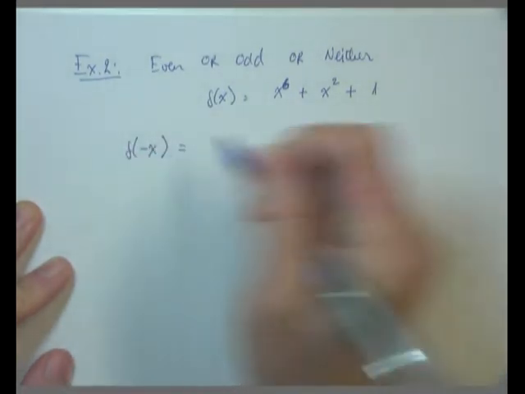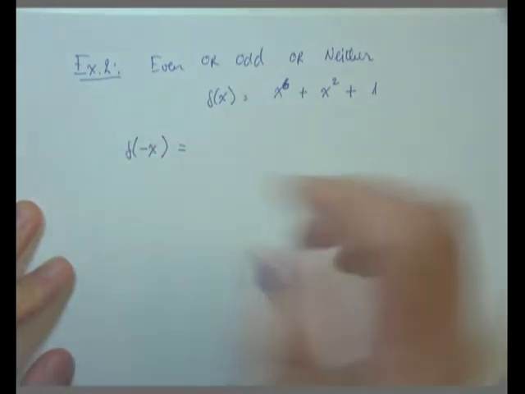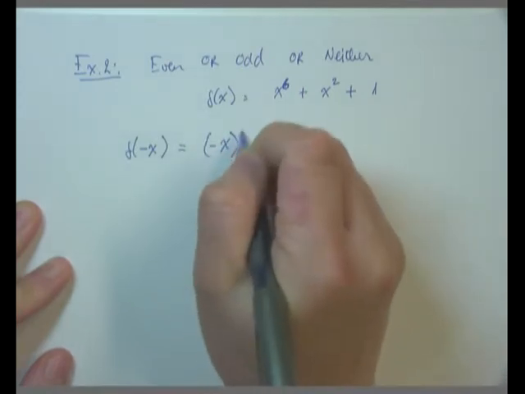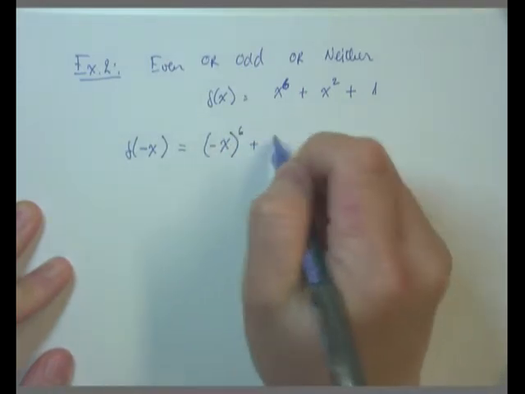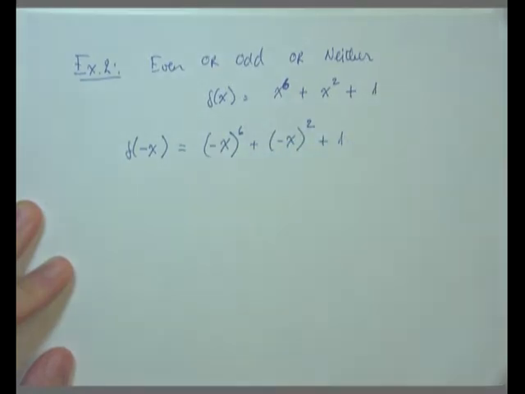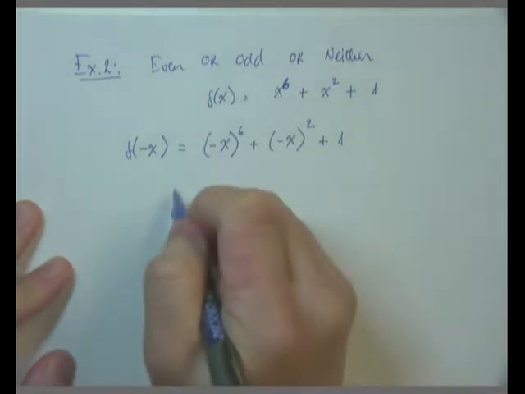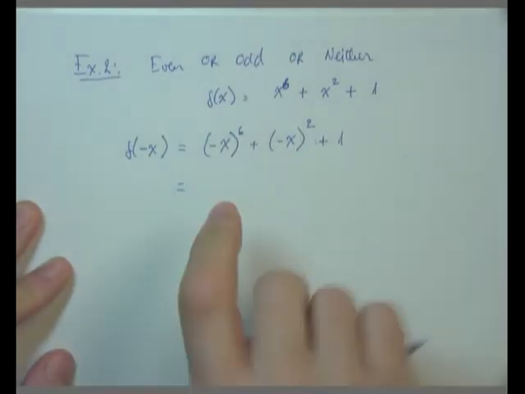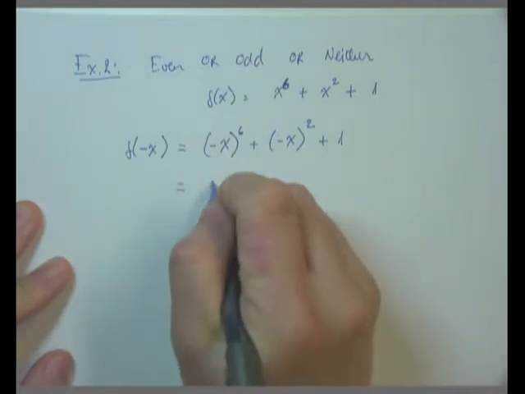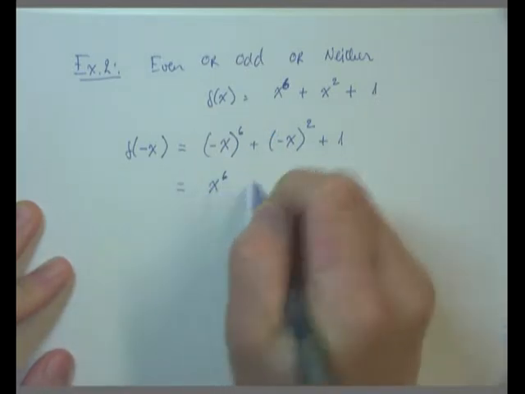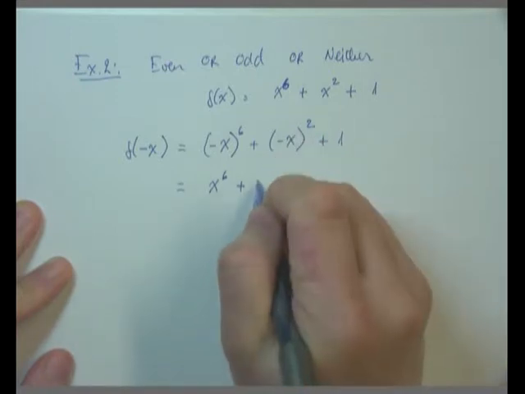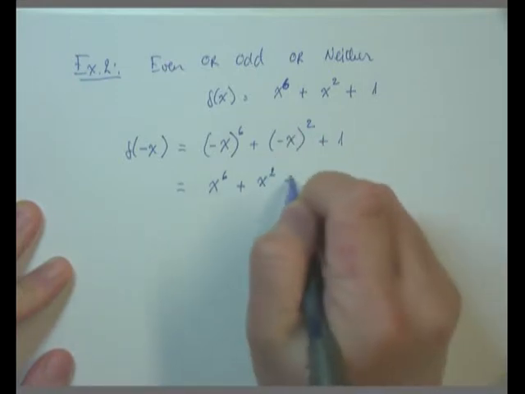Taking the new input and evaluating, I'm going to have minus x quantity to the sixth power plus minus x quantity to the square power plus 1. Continuing with the evaluation, minus x to the sixth is a positive x to the sixth, plus minus x all squared is positive x squared, plus 1.